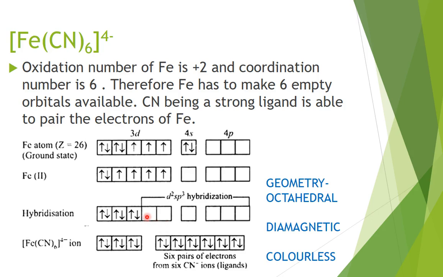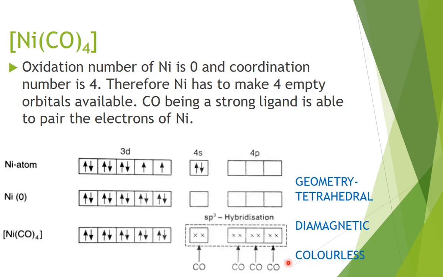So now we have 1, 2, 3, 4, 5 and 6 vacant orbitals. So the hybridization becomes d2sp3 and these are the electrons of ligands. So again the geometry is octahedral, but here all the electrons are paired, so it will be diamagnetic as well as colorless.